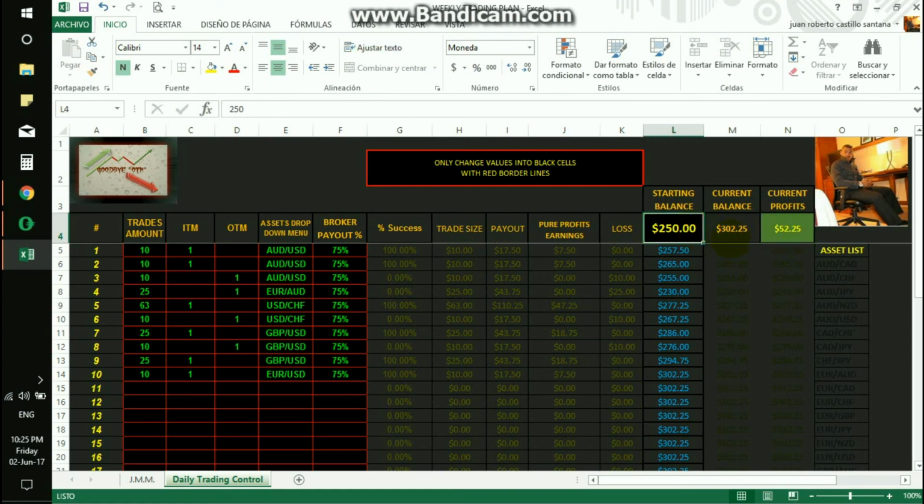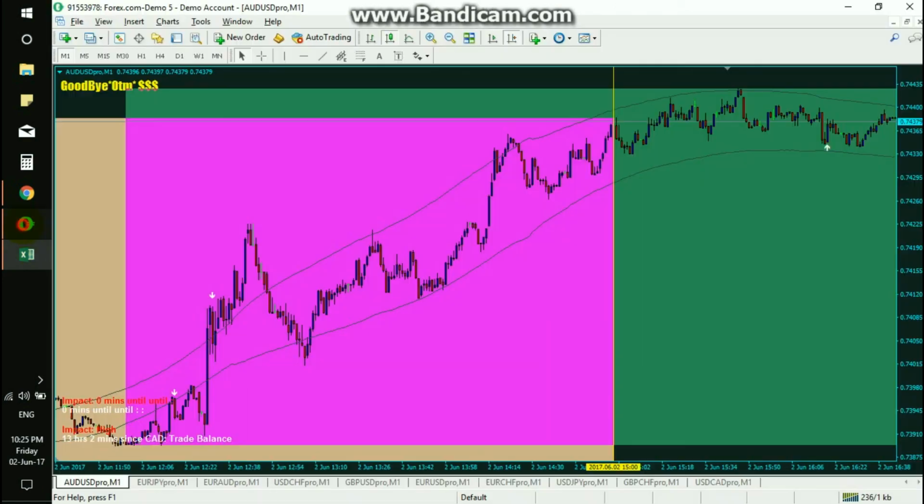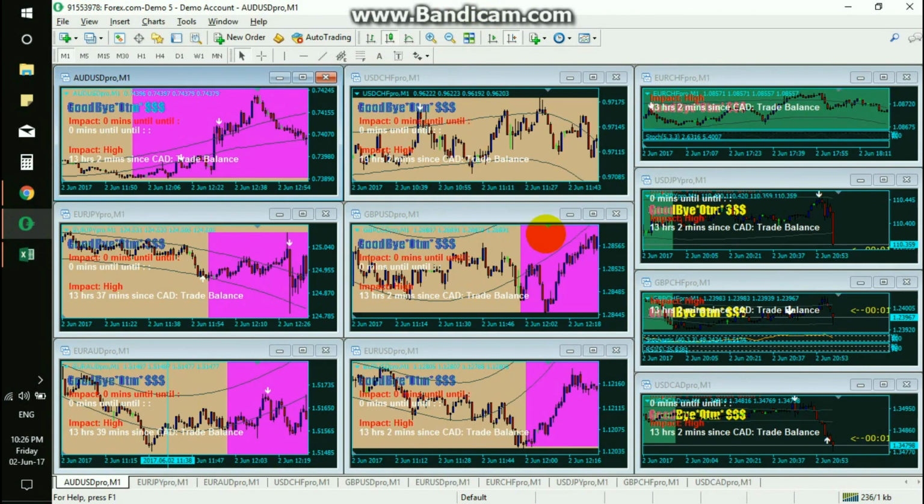So I believe this system works, especially if you follow all the rules by trading one trade at a time using our money management, without being scared, because this system really works. But you need to follow this strategy by trading one at a time and using our Juan money management. This is how you're going to be successful.